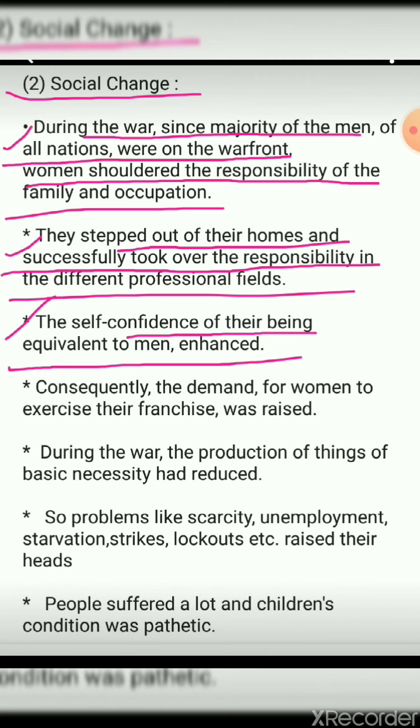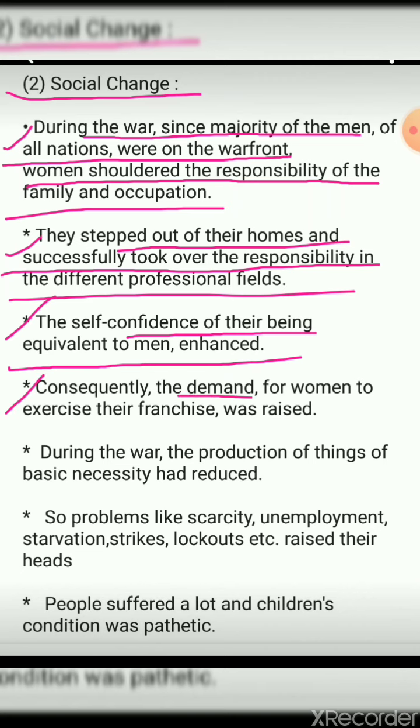The woman who was not given any responsibility, only the responsibility of a family, who was only considered as a family maker, now stepped out and was equivalent to men, that she can also work in a professional field. That enhancement was being seen.